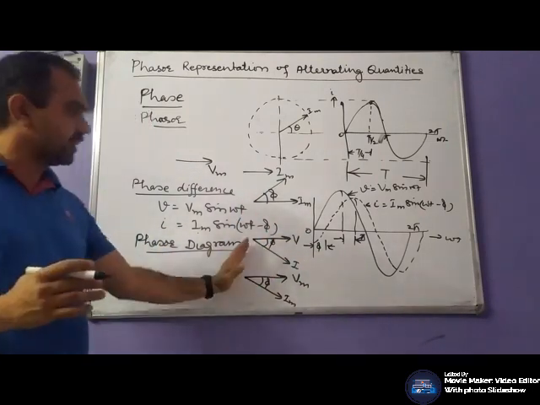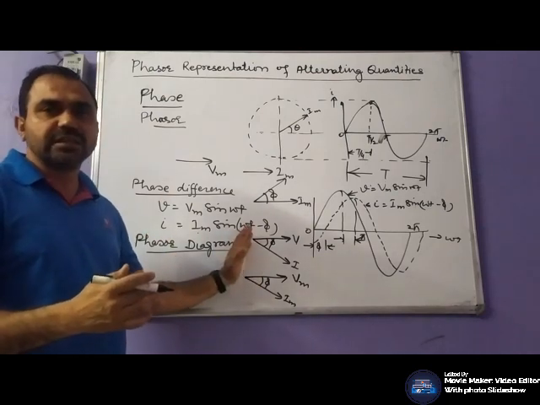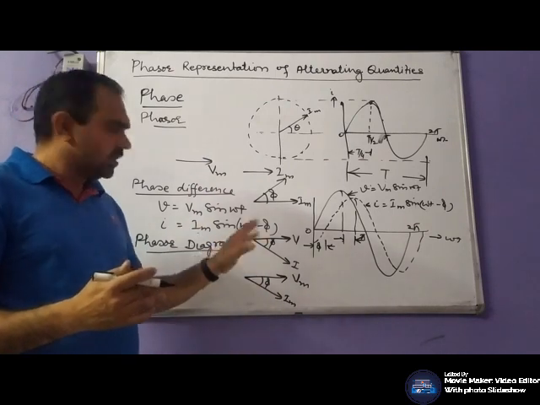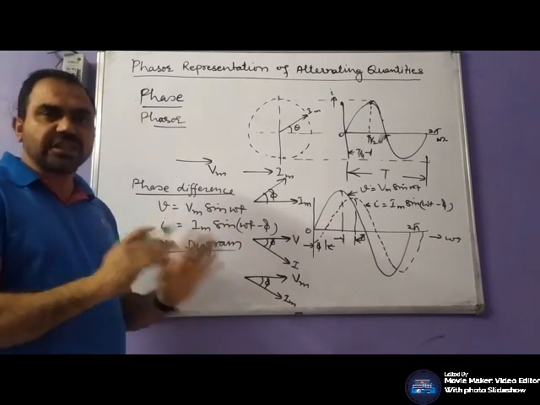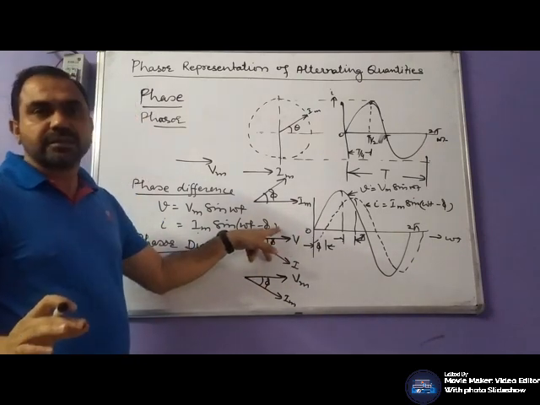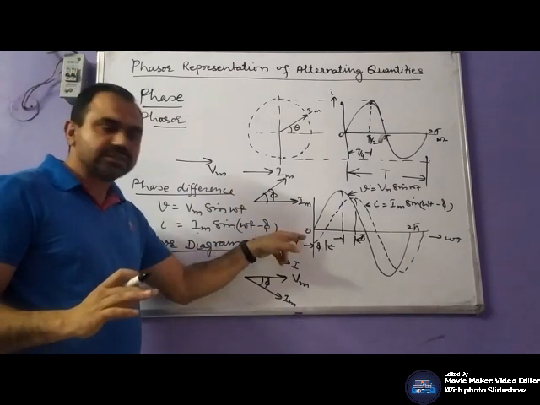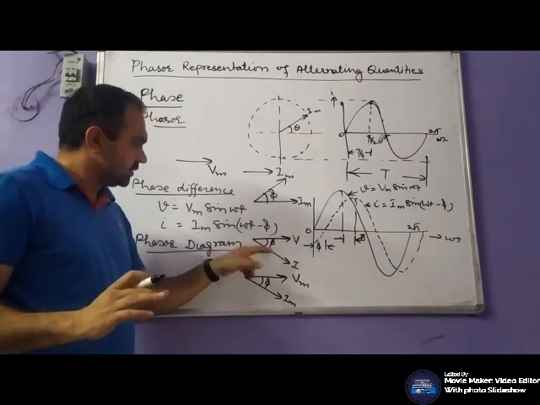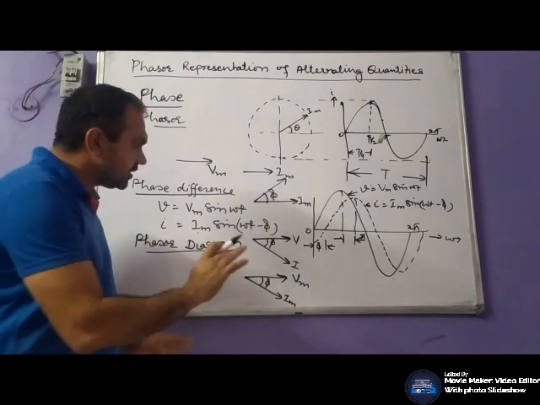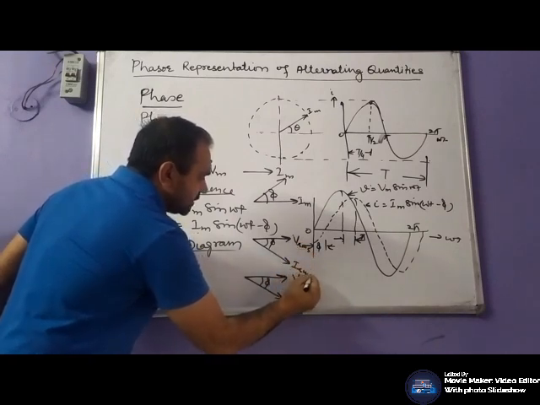So this one is important, because in the next unit also, in machines or transformers, we will use this phasor diagram. In 3-phase circuits we will use the phasor diagram. This is nothing but a representation of phasors showing a certain phase difference. Voltage represented by V, current by I. So it doesn't require that we mention this is the RMS value.